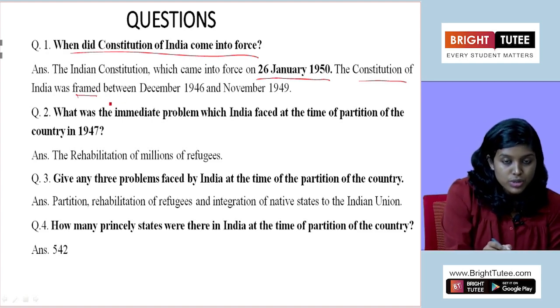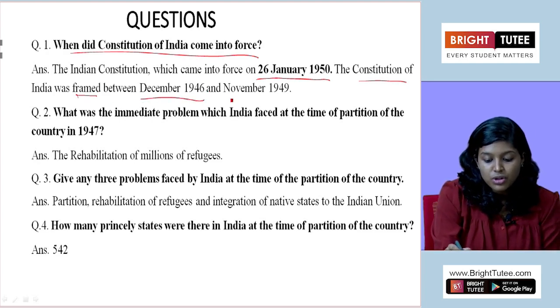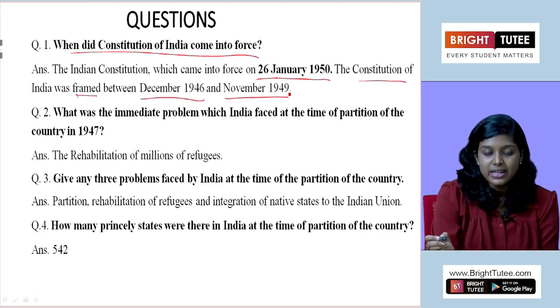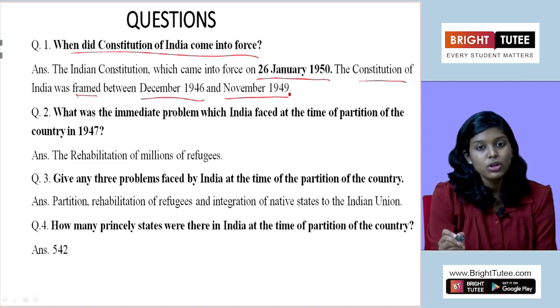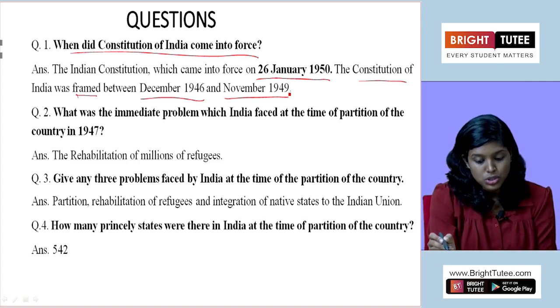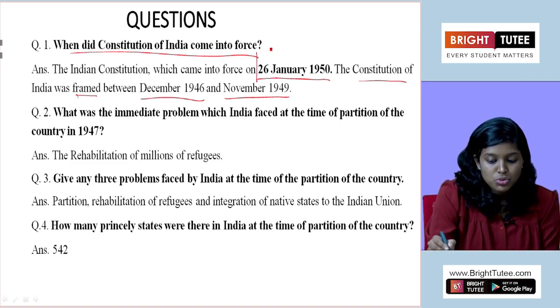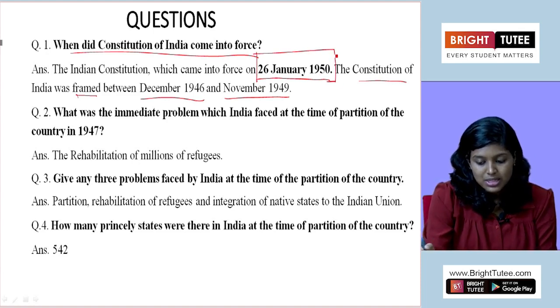So this Constituent Assembly framed the Constitution between December 1946 and November 1949. Approximately 3 years it took for the Constituent Assembly to frame our Constitution, which came into effect on Republic Day, that is 26 January in the year 1950.